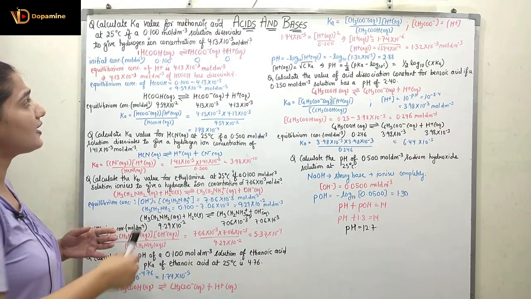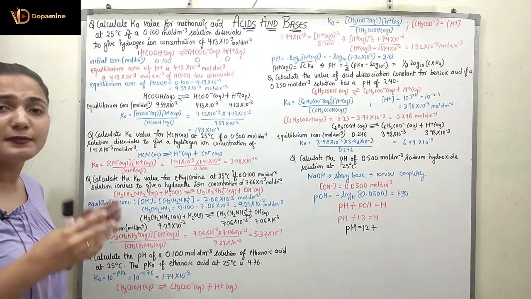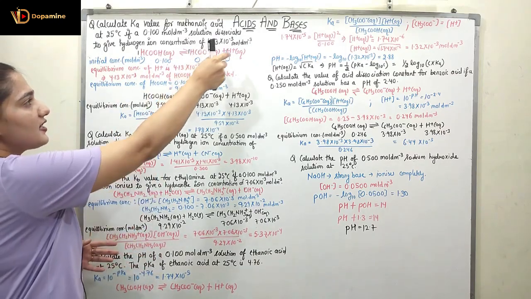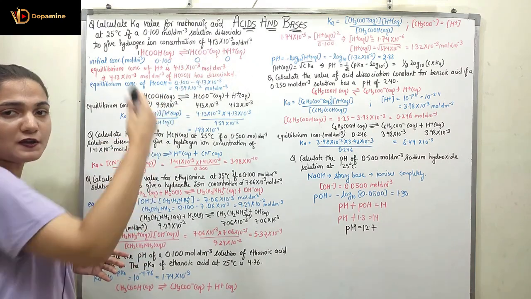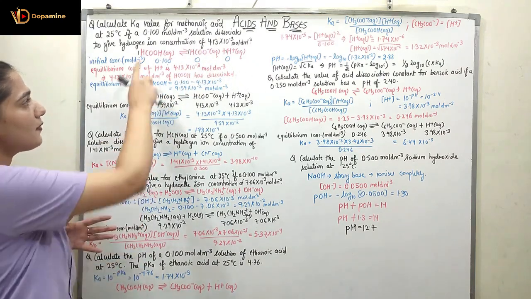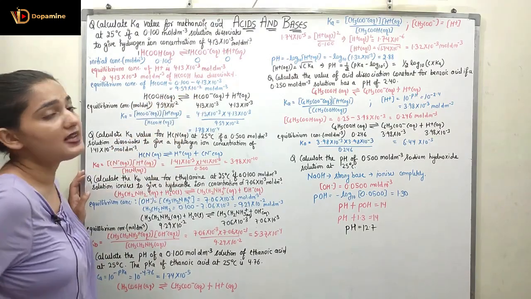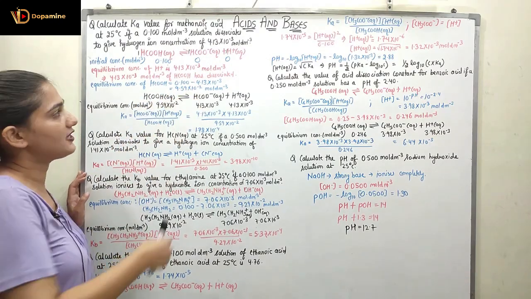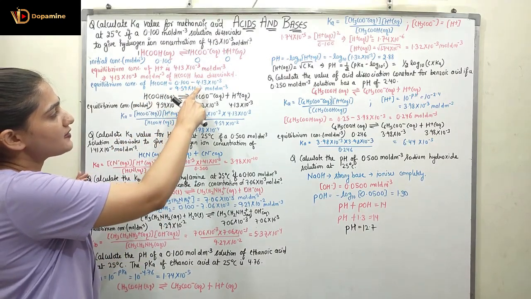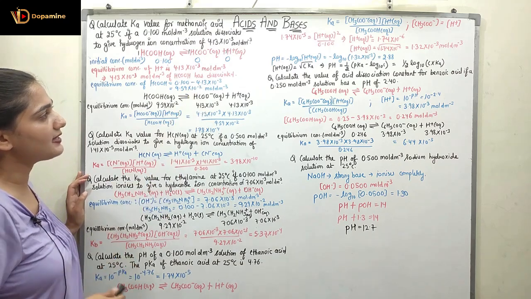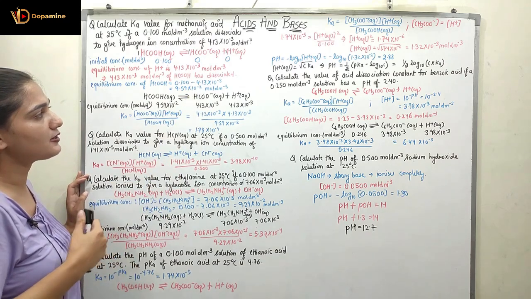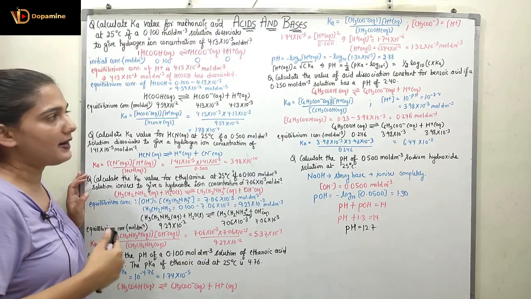Rest I can find out the concentration of HCOOH by subtracting the concentration of HCOO⁻ or H⁺ formed from 0.100, right? So initial concentration minus the dissociated HCOOH, which is 0.100 minus 4.13 × 10^-3, which is equal to 9.59 × 10^-2 mole per decimeter cube.